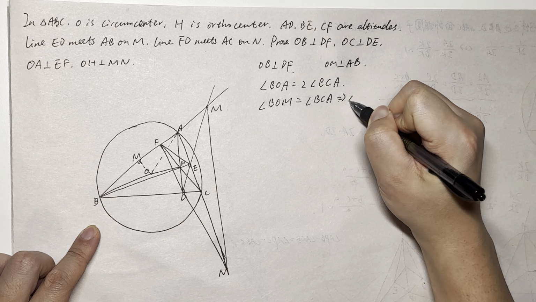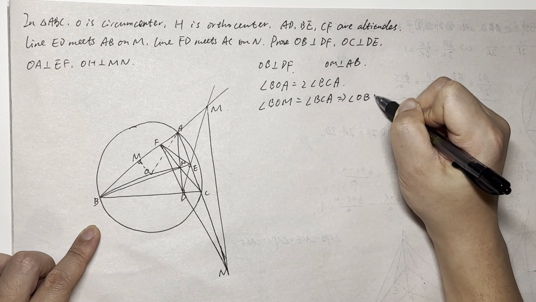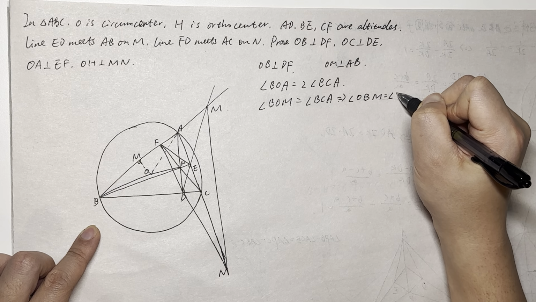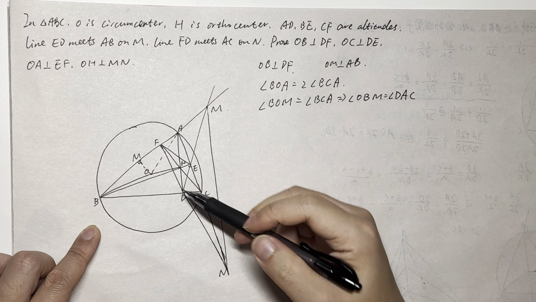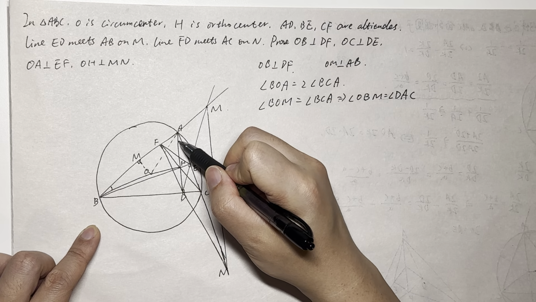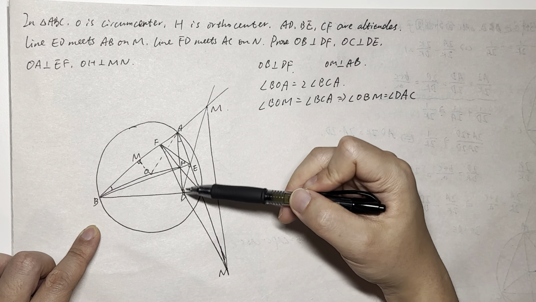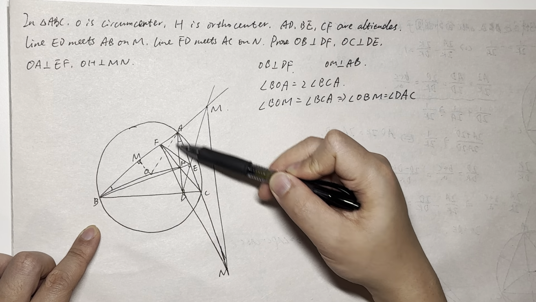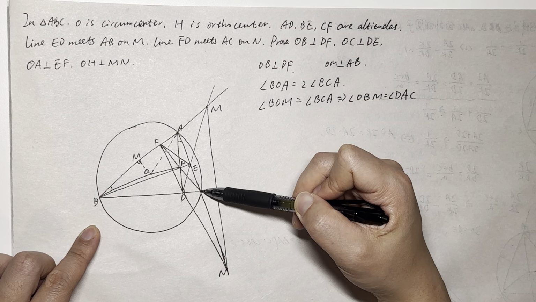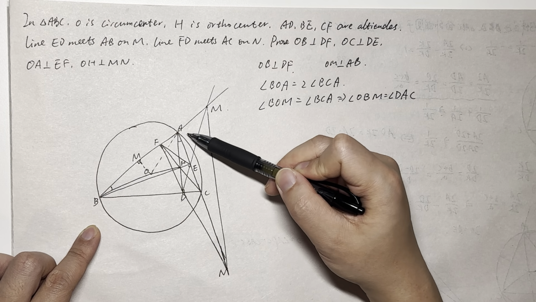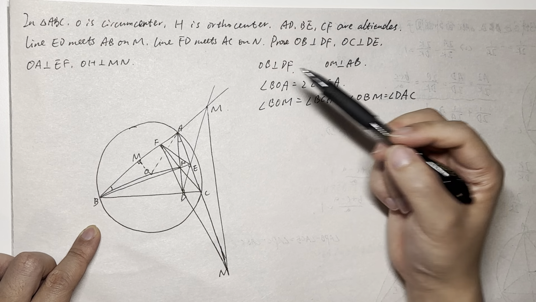we know that angle OBM equals angle DAC. And because angle ADC is 90 degrees and angle CFA is 90 degrees, we know that ACDF are cyclic.